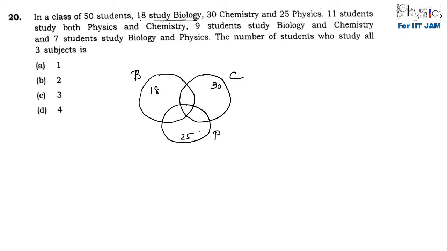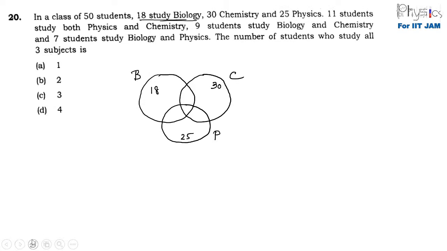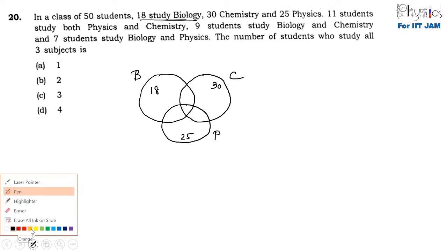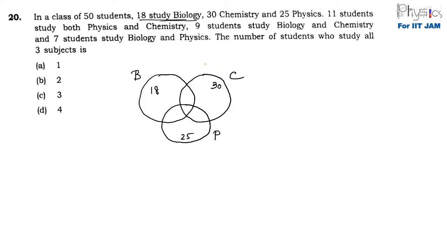Students study physics. Okay, so what is this 18? 18 is the whole circle, the total circle. Total circle is 18. Okay, 30 is this one, this circle.